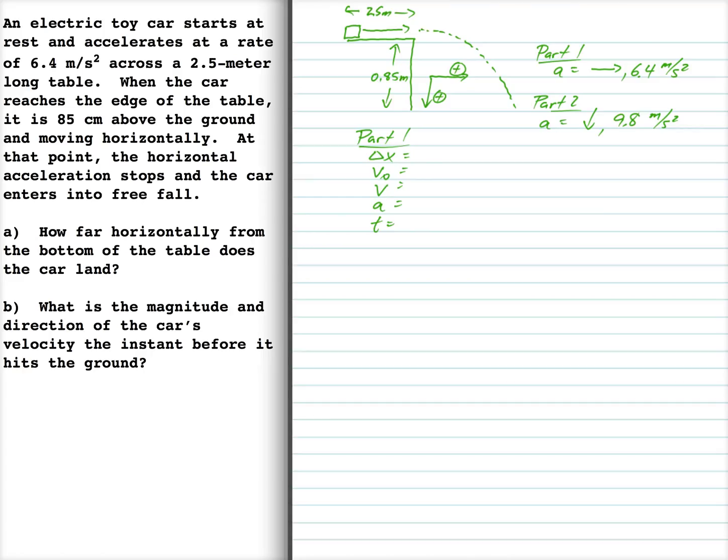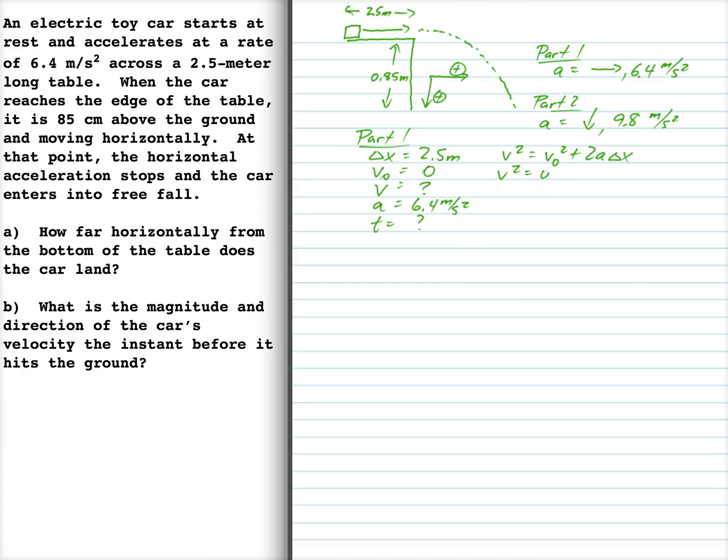Okay, so along the table, the x displacement is 2.5 meters. It starts from rest. We don't know the final velocity. I know that the acceleration is 6.4 meters per second squared. I need to know that final velocity, so I'm going to use the equation that does not have t in it.